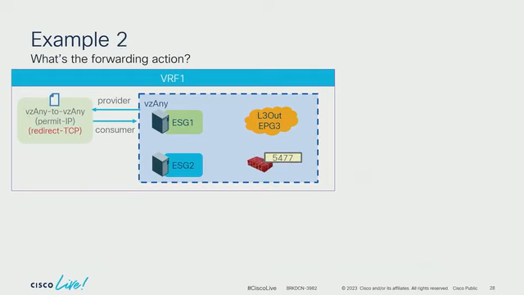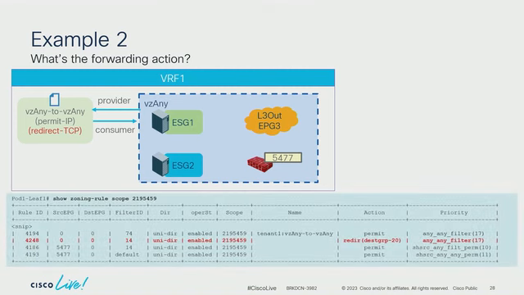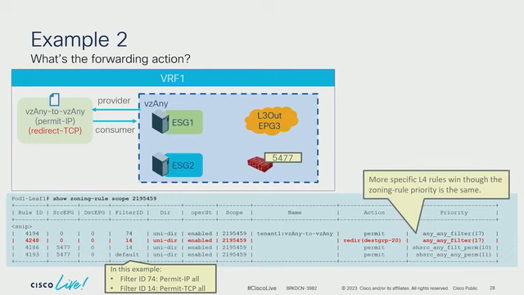And then you want TCP traffic redirected and inspected. Then you're going to create another contract or contract subject for any to any. Then it's going to add an additional zoning rule. As you can see here, we have 020 redirect. The difference is the filter. In this example, 74 is IP, 14 is TCP. Both have the same priorities, but different filters. The specific filter will win.